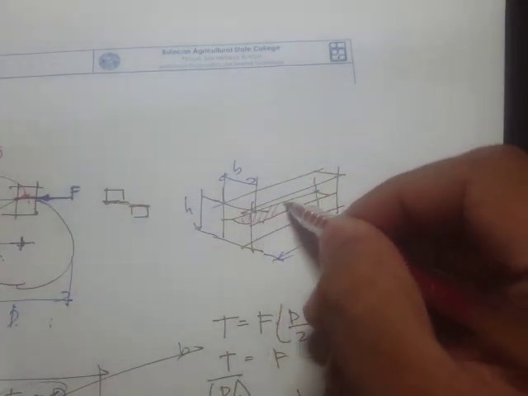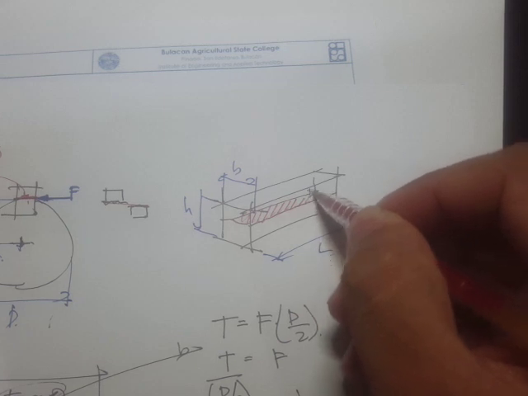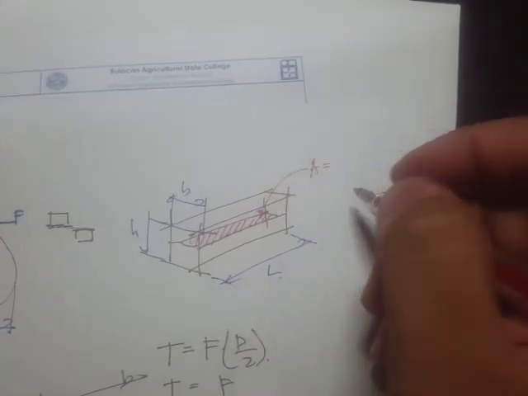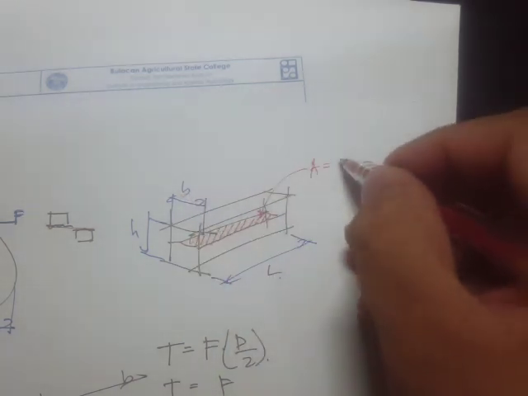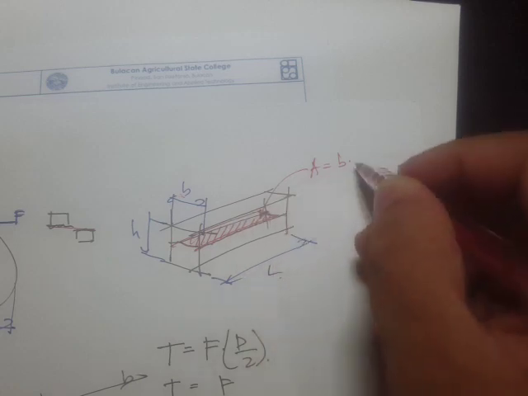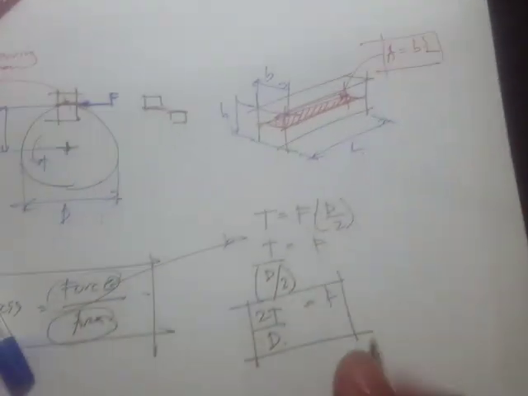So what is this area? The area right here is simply the width b times the length, so width times the length. So here's our area and here's our force.